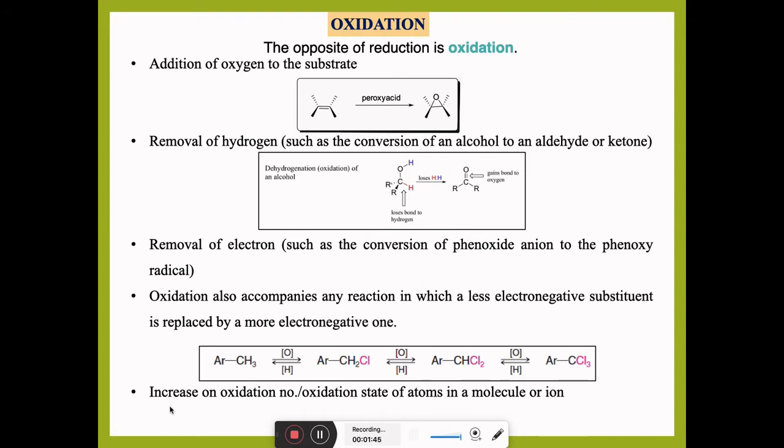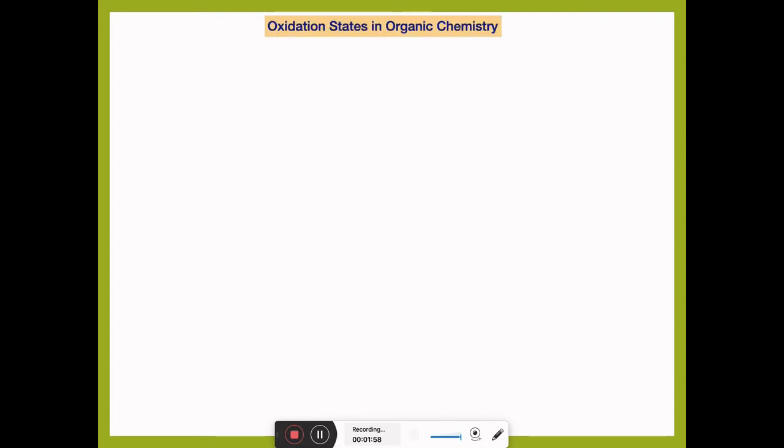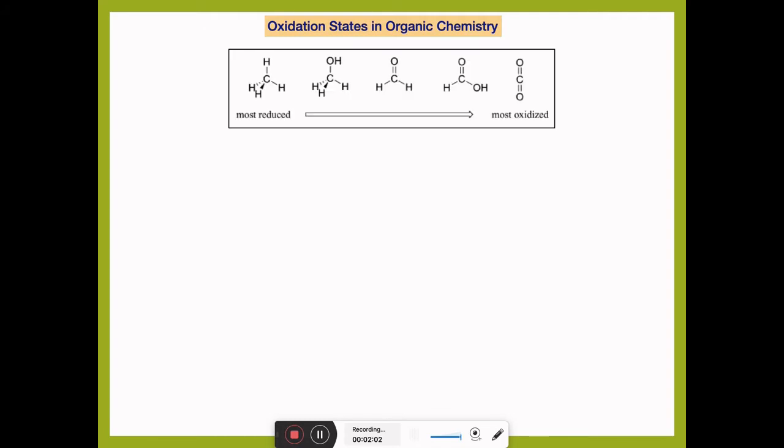And lastly, there is an increase in the oxidation number or oxidation state of an atom in a molecule or ion. So basically, we will elaborate this oxidation state in organic chemistry. As I said previously, there is an increase in the oxidation state or oxidation number of the atom.